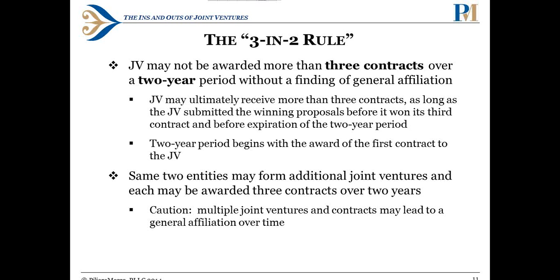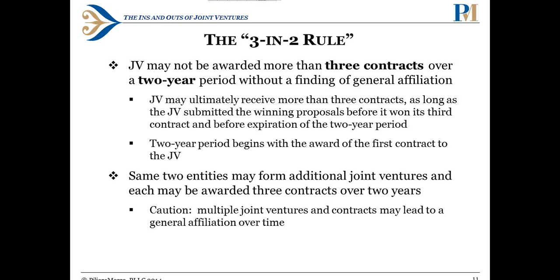So I actually think it's more beneficial than the old rule. Also, please know that you can form more than one joint venture. The same business partners can form more than one joint venture, but you do want to avoid having all your eggs in the basket with your joint venture partner, because that could lead to a general affiliation finding.